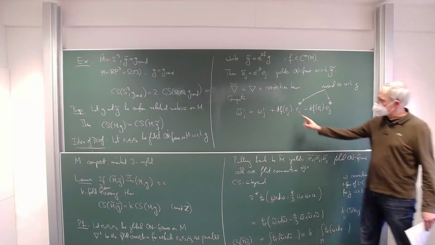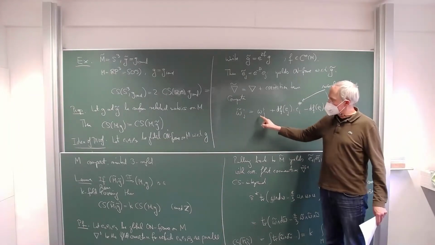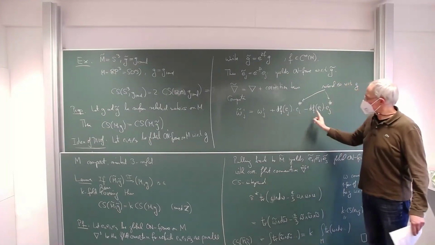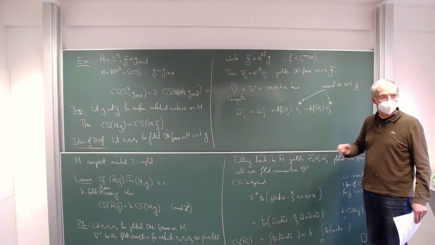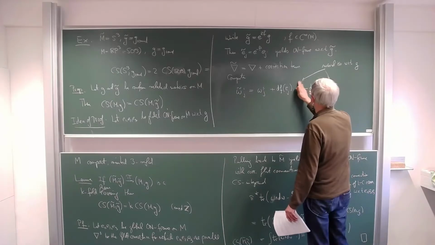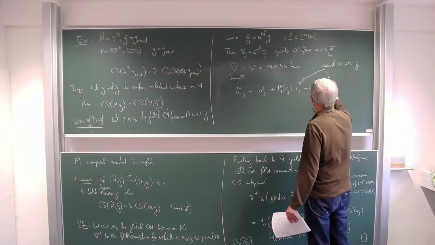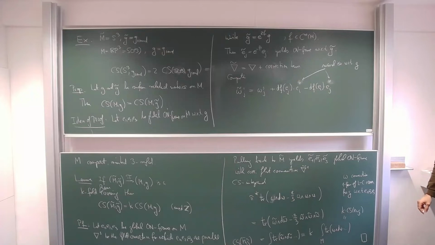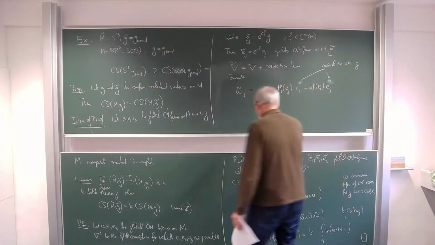You also see that these things are anti-symmetric in i and j, because they come from metric connections, and this expression is also anti-symmetric in i and j. Looks good. The coefficient functions have the indices downstairs.